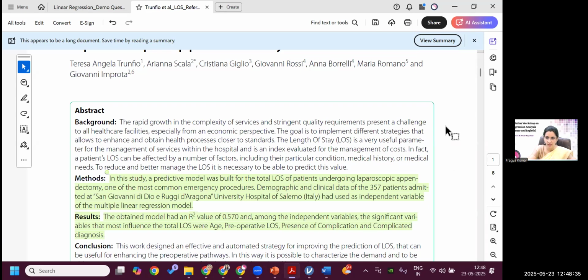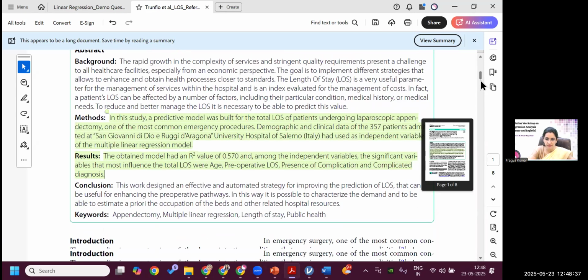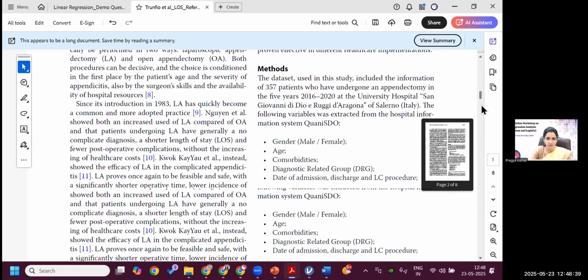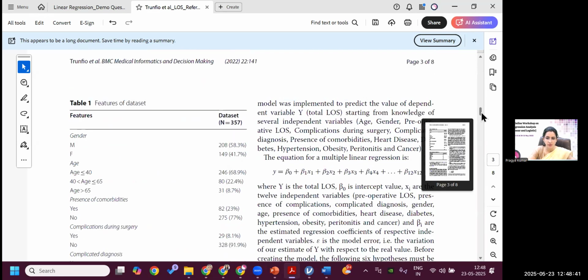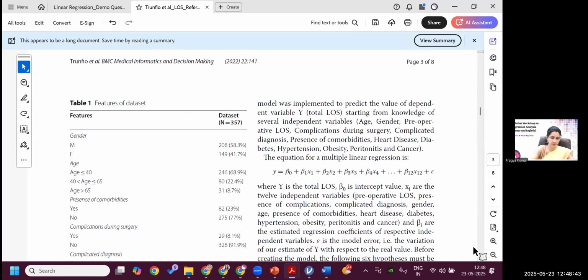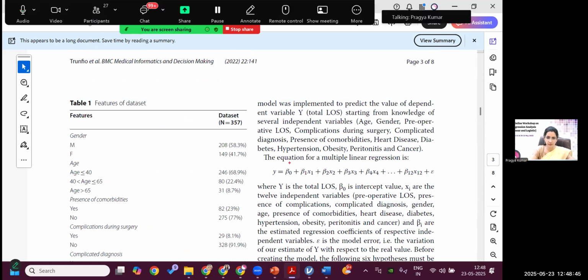Now, if I go and see their result. So see, they have written this equation. Can you see the equation? There is a beta 0. What is a beta 0 here? Yes, all of you please type in the chat box.